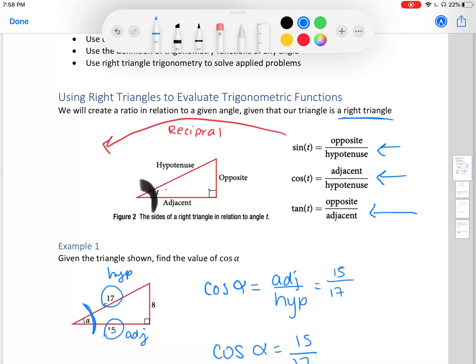So if sine of t is opposite over hypotenuse, then cosecant of t is hypotenuse over opposite. If cosine t is adjacent divided by hypotenuse, then secant t is that flipped, hypotenuse divided by adjacent. And if tangent is opposite over adjacent, then cotangent is adjacent divided by opposite.